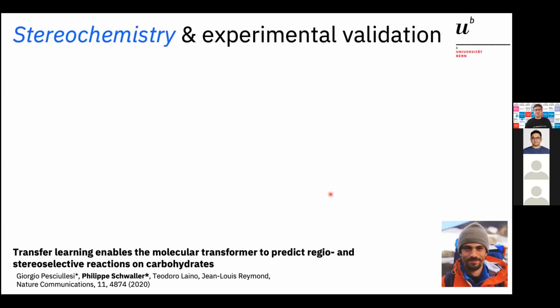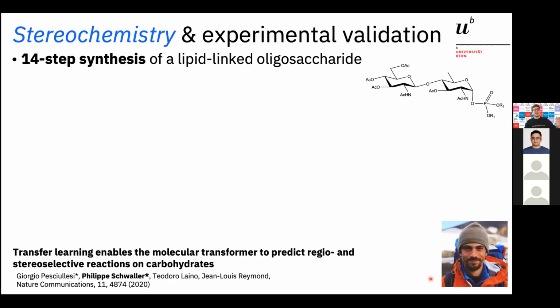That's when I started working with Giorgio, that you see here on the right, on transfer learning approaches to improve the performance of the molecular transformer on challenging reactions like carbohydrate reactions, as we have seen in the talk before by Kerry. And Giorgio, as a validation, also performed the 14-step synthesis of a lipid-linked oligosaccharide.